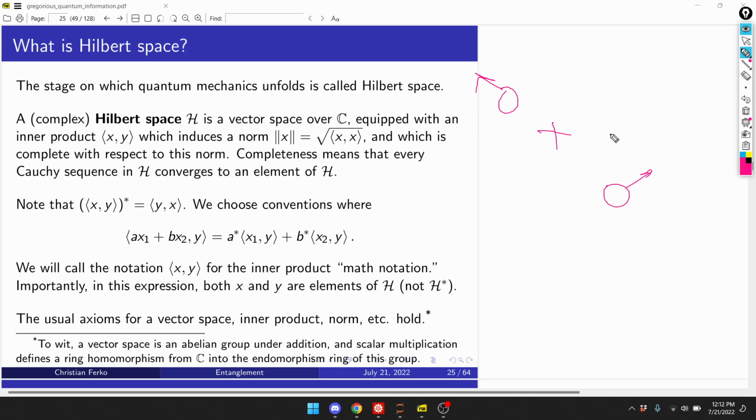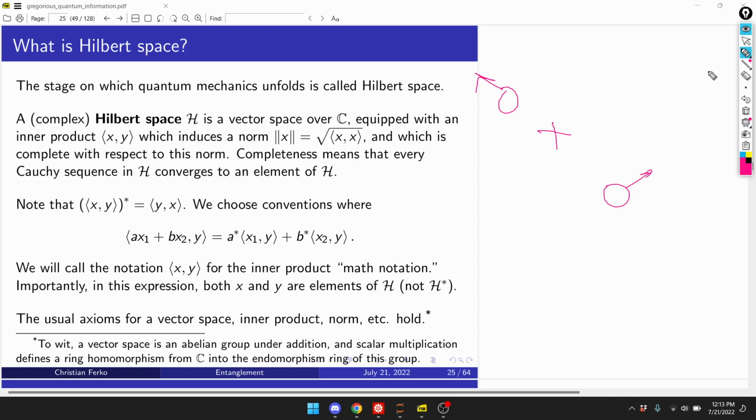You can add things in a vector space. You never think about adding physical systems in classical physics. A ball here plus a ball there doesn't make any sense. So this should be very confusing. And later I'll give an example of an experiment that forces us to confront the fact that in quantum mechanics you have to be allowed to add states. Good question. Okay. Other questions?